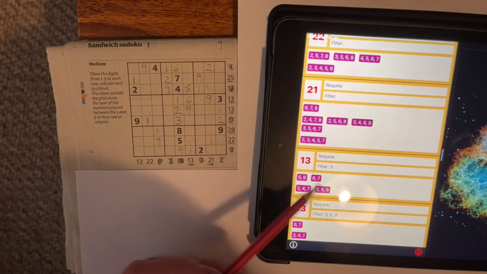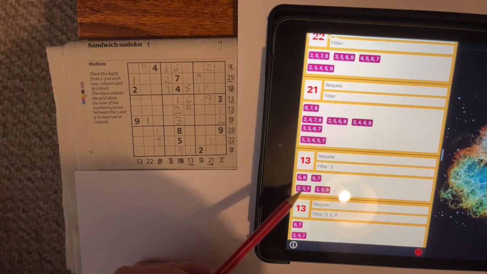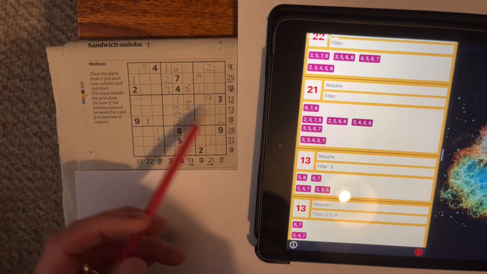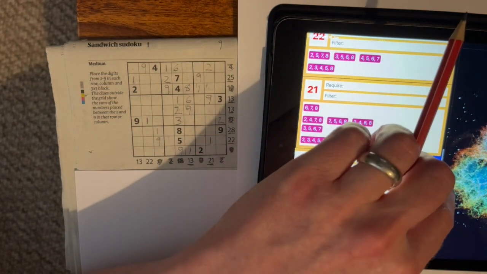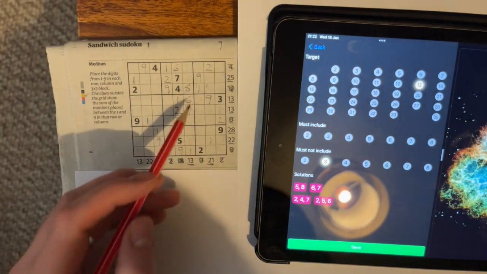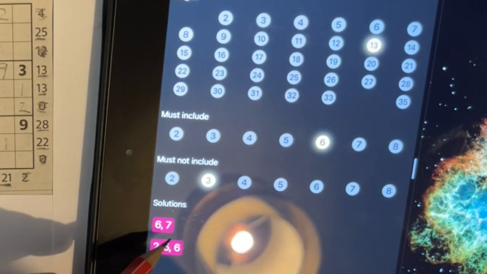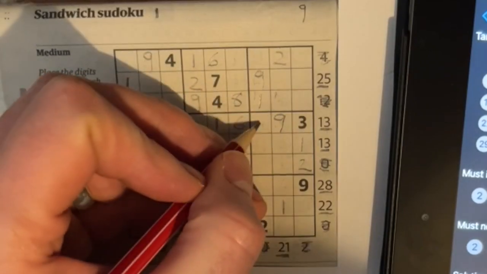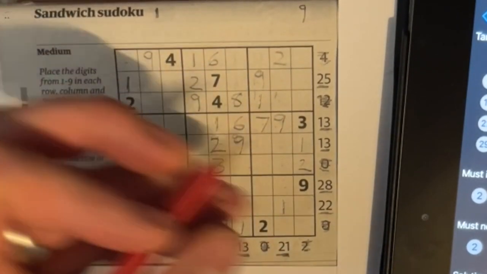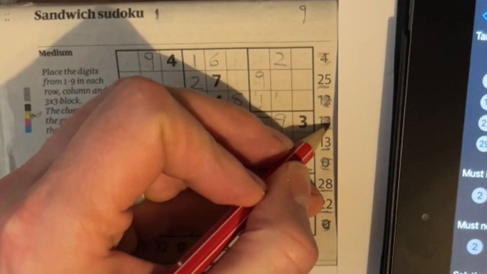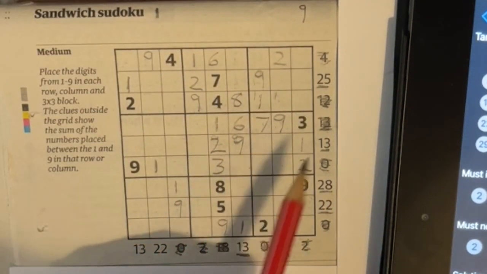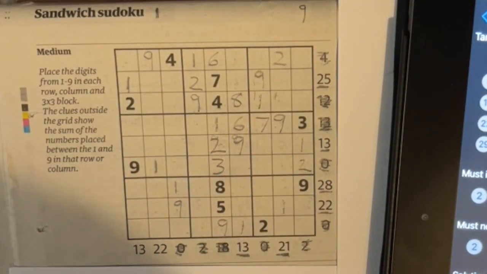This is the one that we had because we said filter 3. Now it's easy, but may as well just let the app do it for us. We can say it must include 6, and of course it's going to be 6 and 7. 6 and 7 makes 13. So we have another one. Thank you very much.